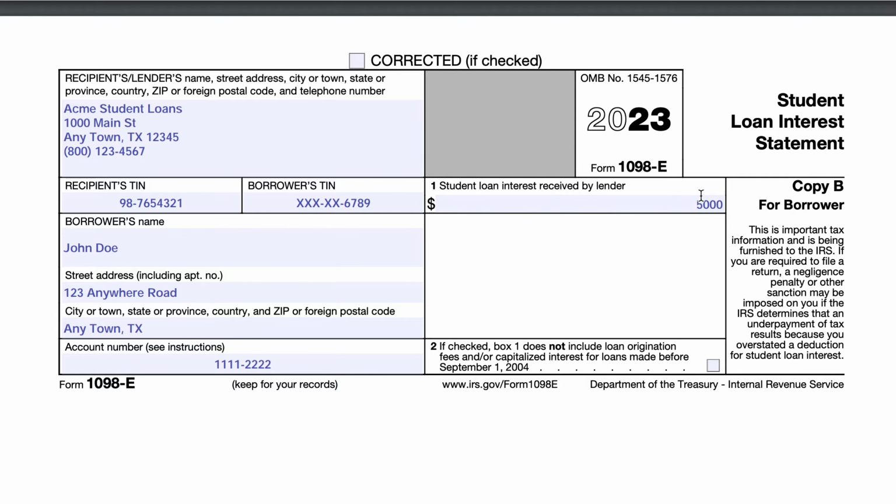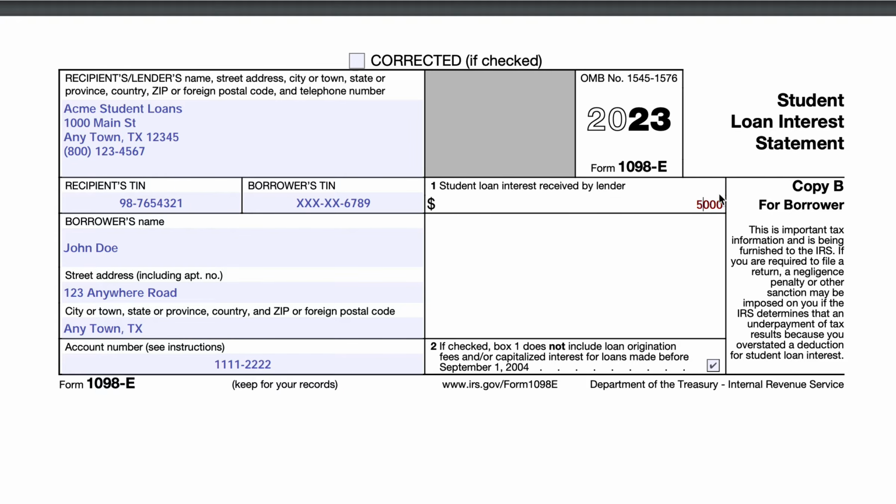So in this case, John Doe paid $5,000 worth of interest. So anything that he would add on in terms of loan origination fees or capitalized interest would probably not be usable to reduce his taxable income in the first place.